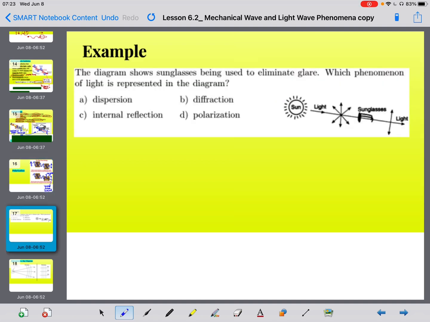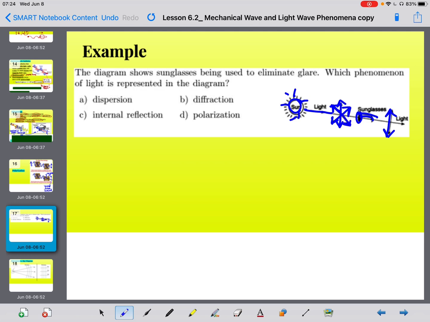The diagram shows sunglasses being used to eliminate glare. Which phenomenon of light is represented in the diagram? So you have the sun, right? Beautiful. And then you have light. And then there's this symbol. And then there's this pair of sunglasses right here. And then they say, okay, this is the light now. What does that mean, right? So these are all the different possible directions that my light wave could have come in at, okay?